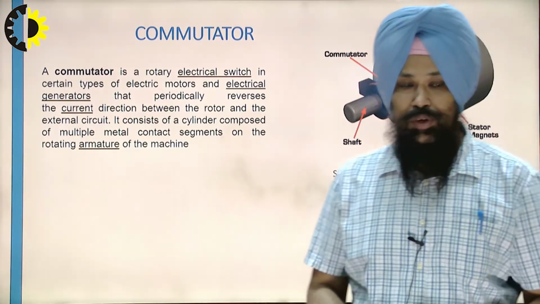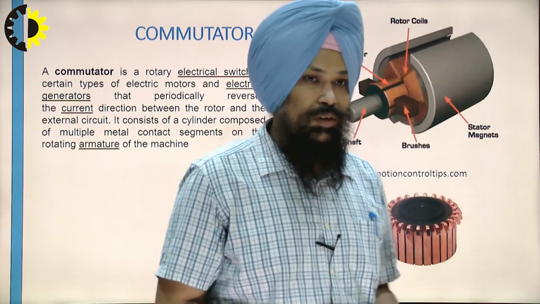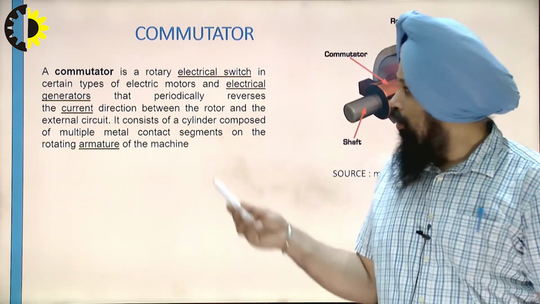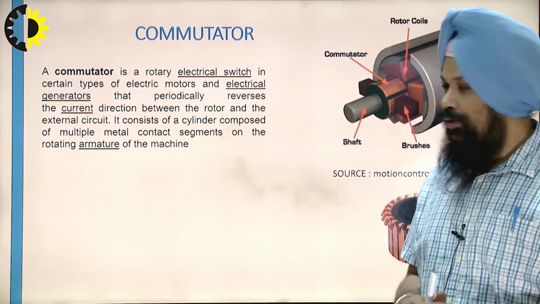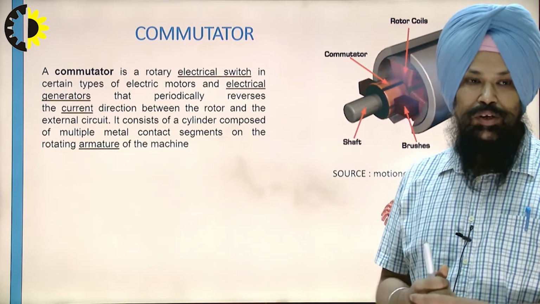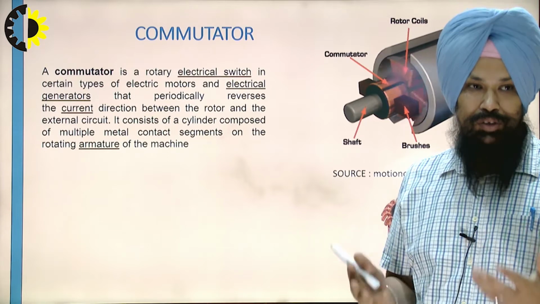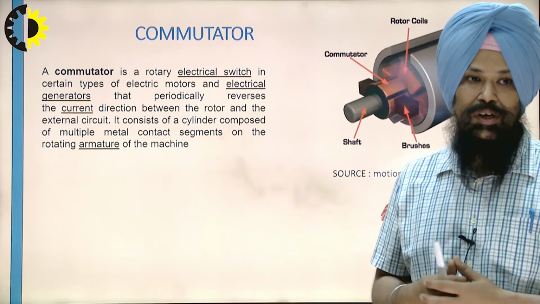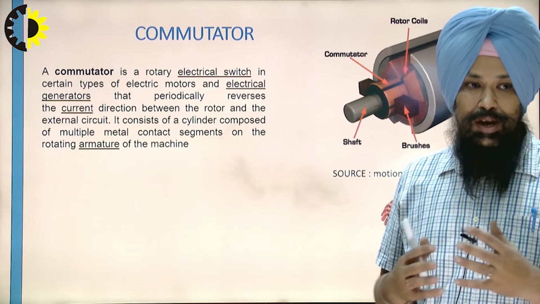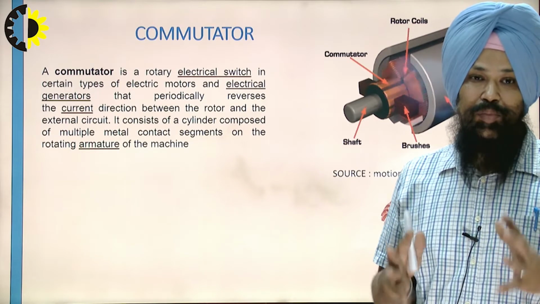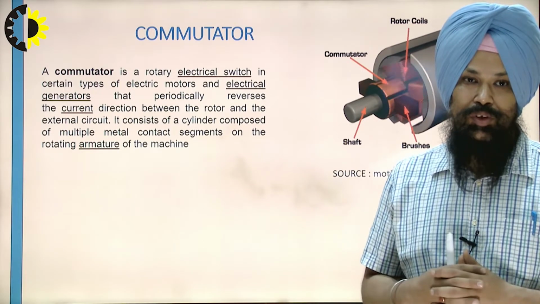Let's come to the next point. Commutator. What is commutator? Commutator is a rotary electric switch in certain types of electric motors and electrical generators that periodically reverses the current direction between the rotor and the external circuit. That is the main function of the commutator segment.